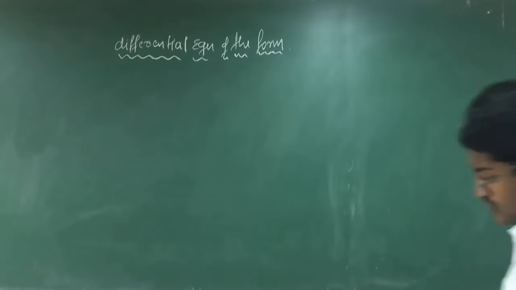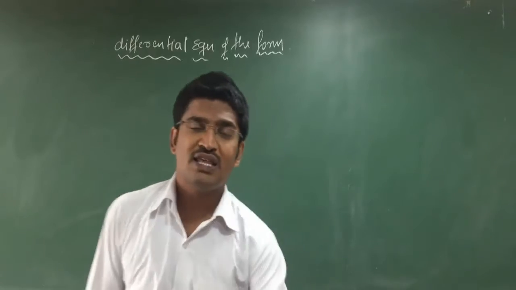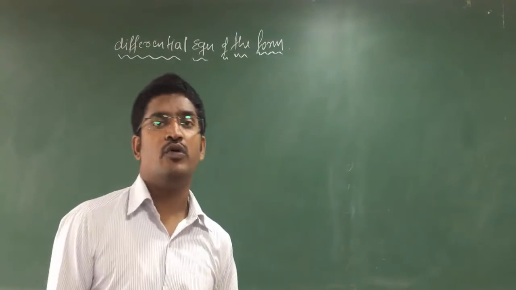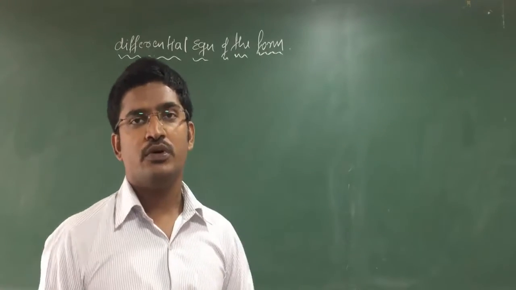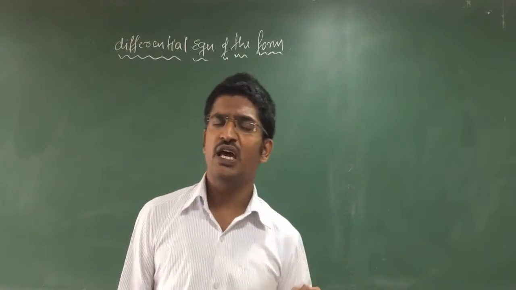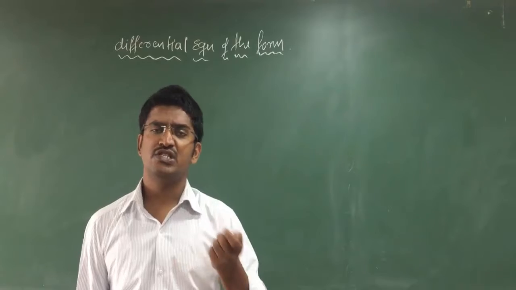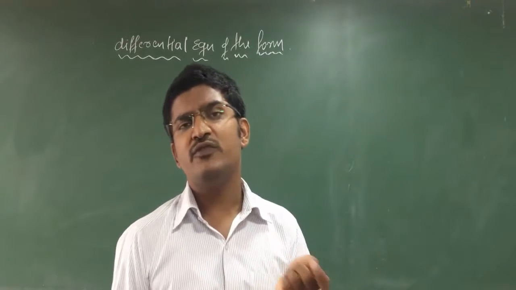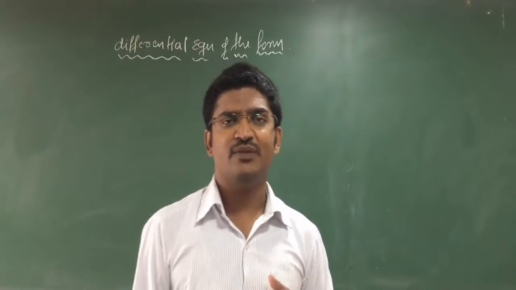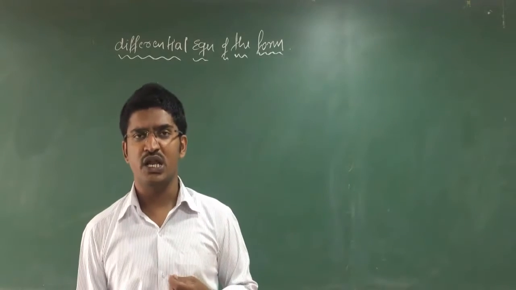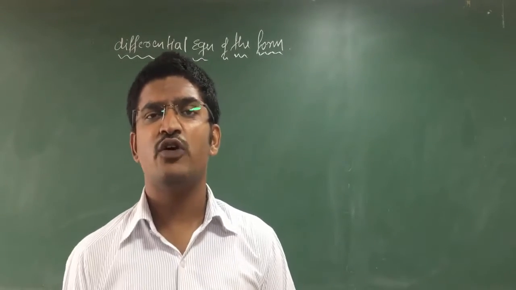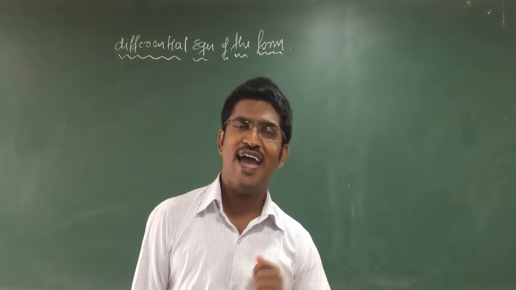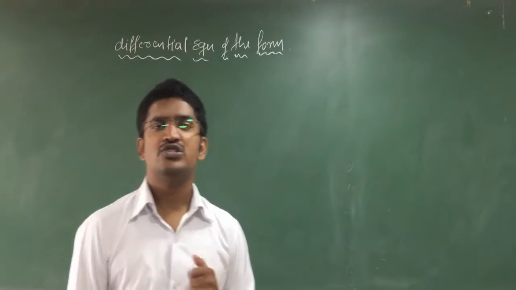Okay, students. So now I will go for the second type of reducible to variable separable form. Clear? So now we are studying the differential equations reducible to variable separable form. That means they will give you one differential equation. In that differential equation, you have to check whether it is reducible to variable separable or not, and then you have to solve that.